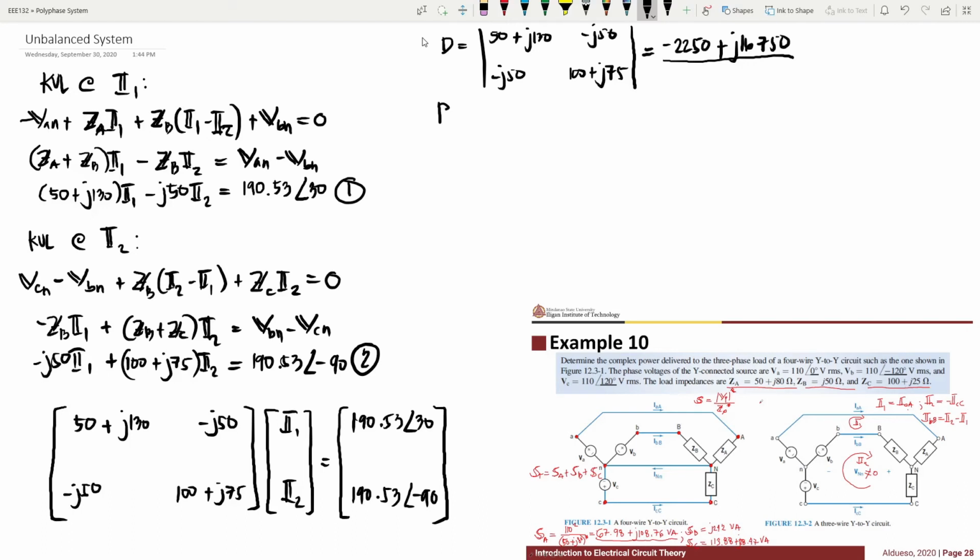Next, we need to get the determinant of I1.